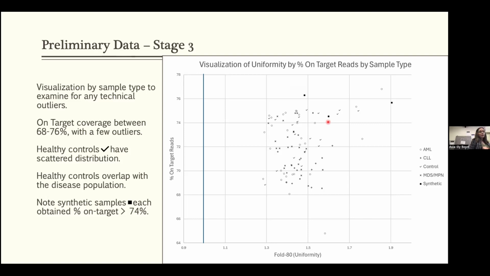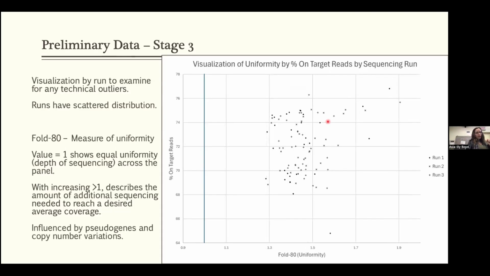Those all had very high % on target reads, which isn't surprising because they are actually synthetic cell lines that are specifically a blend of myeloid and lymphoid targets. So they're enriched essentially for those targets. And they also have an increase in fold 80 uniformity, which I'll explain on the next slide.